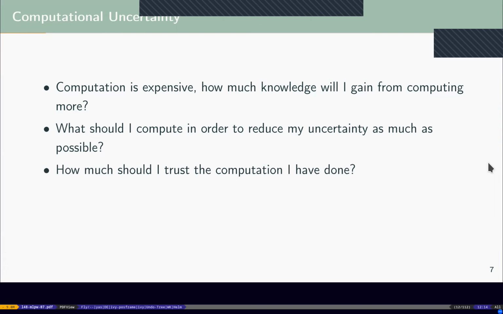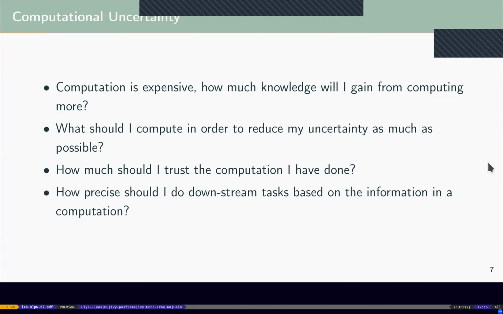And then if you have gotten the result of the computation, how much should you trust the computation that you've done? And finally, in most machine learning methods, you make a decision, it goes into another decision, and so forth, right? So it's a chain of things. And of course, no chain is stronger than its weakest link.